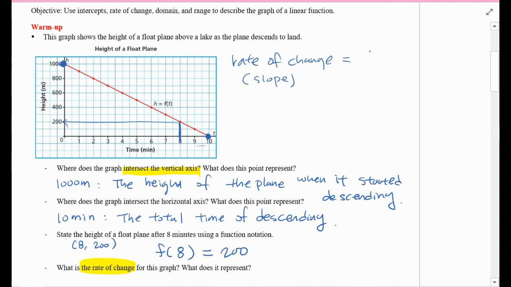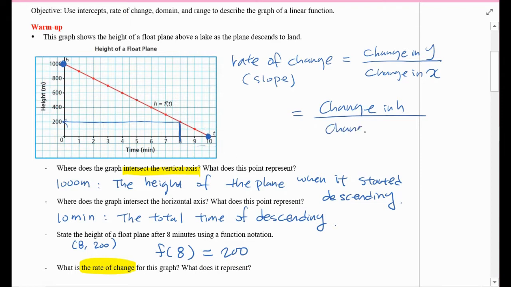Rate of change is change in the vertical variable over change in the horizontal variable. So it's usually change in y over change in x. But in this case we're using h for the vertical variable and t for the horizontal, so change in h over change in t.